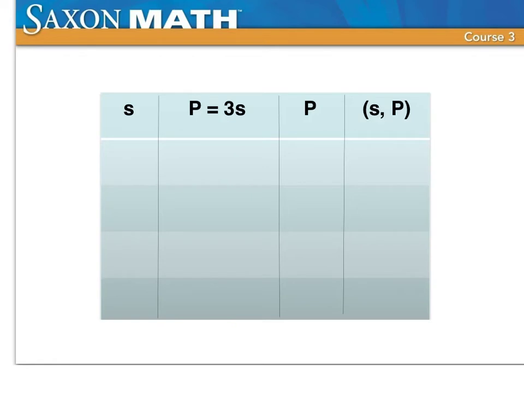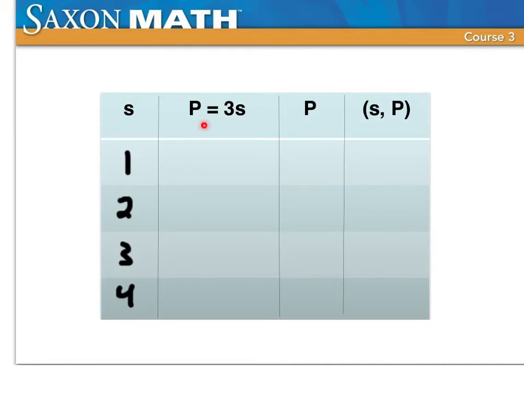So let's pick some side lengths. Now, it doesn't make sense to pick negative numbers for sides, so we're going to use positive numbers. The easier the numbers, the better. So we'll do triangles that have a side length of 1, could be 1 inch, 1 centimeter, whatever it is, then 2, 3, and 4 to make it easier on ourselves. Now when we plug in, we're just going to replace this letter S, our input letter, with the number we picked.